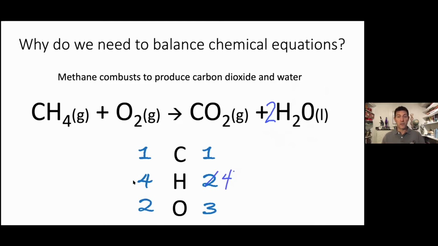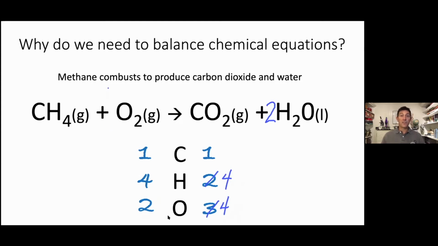Well, I can't forget about this oxygen. There are 2 oxygens when I have 2 water molecules, and I still had 2 oxygens here. So that means I have 4 oxygens on this side. Here's where the game starts, because I changed this one, which affected this one, and now I have a different number down here, so I've got to come over and fix this side.